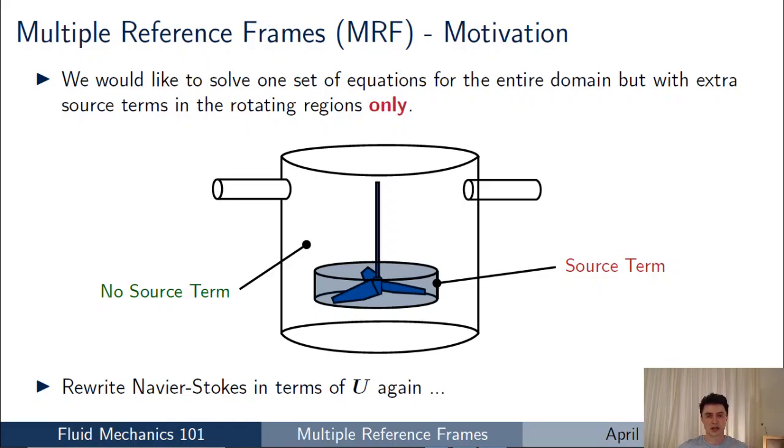So a way to think of this for the mixing tank example, which you can see there on the slide, is that when we solve the Navier-Stokes equations, we'd like to not apply any source terms in that stationary region that contains the inlet and the outlet, and then apply selective source terms to the rotating region, which you can see there in blue. And in order to do this, what we're going to have to do is rearrange the Navier-Stokes equations again, but this time in terms of the global velocity. So that's u rather than u with the subscript r.